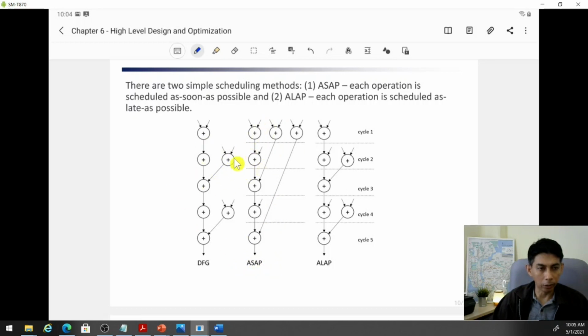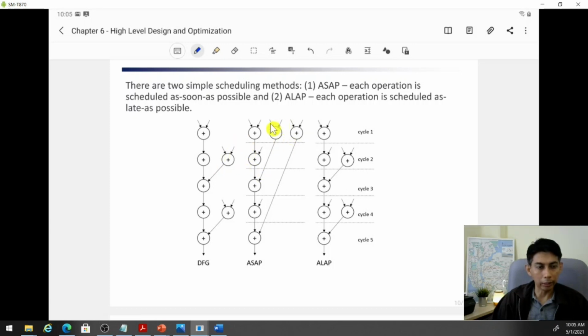From the DFG here, because this one actually does not depend on this flow, and the output for this process is used here. But before that, actually you can do this operation at the first cycle, as soon as possible, because this one does not depend on anything.